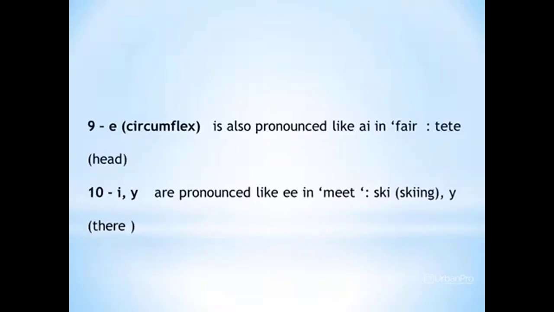So the e you have to stretch up. So you are using I in a more stretched up way. E, ski. Now y is also very much similar to your I, but it has to be used separately.